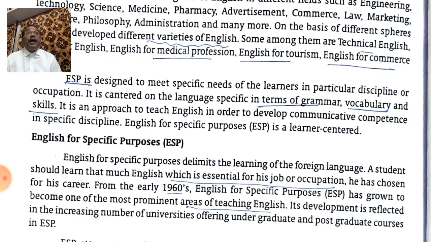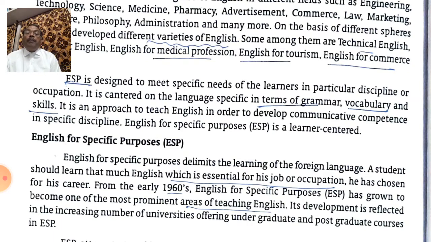What kind of career he has chosen, for that purpose he learns English. From the early 1960s, English for specific purposes has grown to become one of the most prominent areas of teaching English.